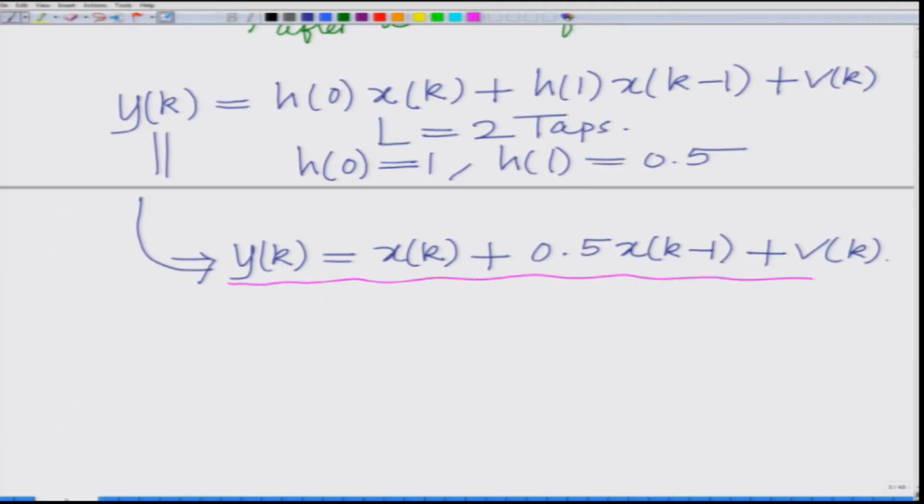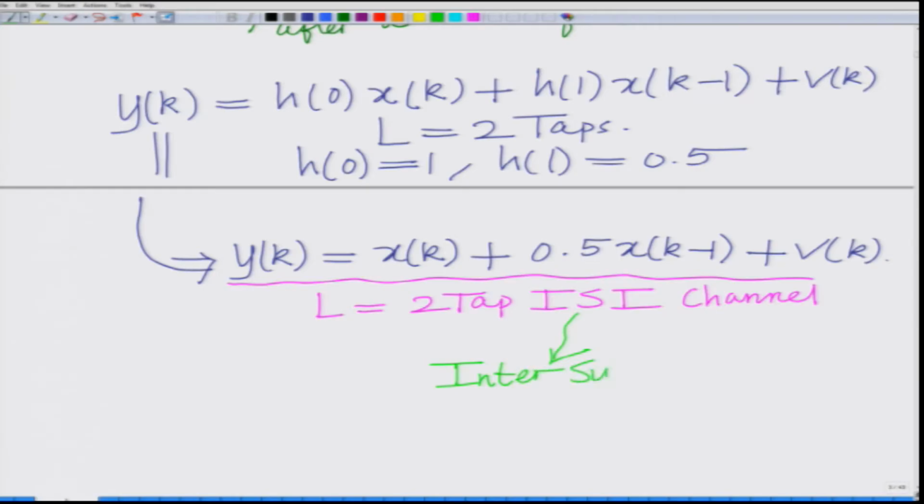This is your L equal to 2 tap ISI channel, where ISI stands for inter-symbol interference. So, we have Yk equals xk plus 0.5 xk minus 1 plus Vk, where Vk is the noise sample, and small yk is the received kth output symbol in the time domain.